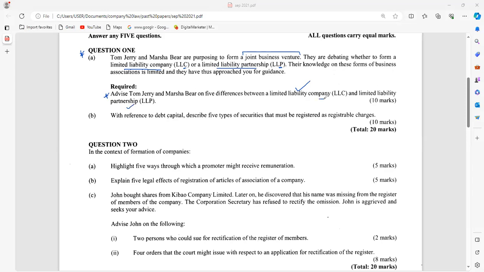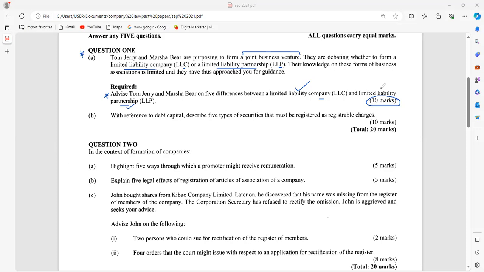So what's the difference between a company and a partnership? And well, the fact that the partnership is limited just means that they have a partnership deed. So for 10 marks, maybe you can give one and then you move on because you don't have the time.